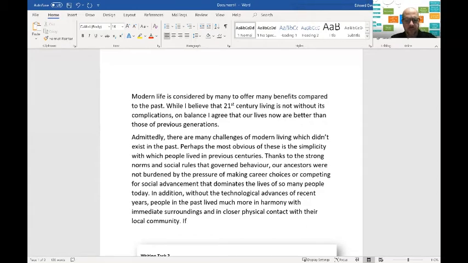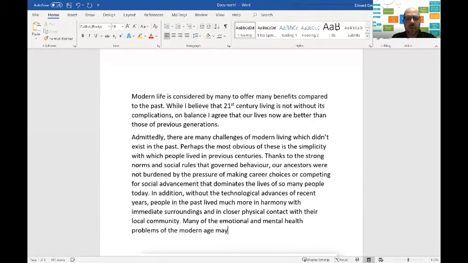So if it were easier, let's do it the other way around. Mitigate.